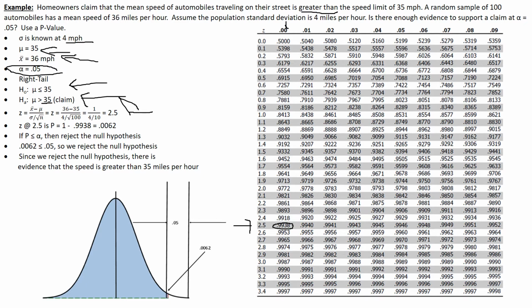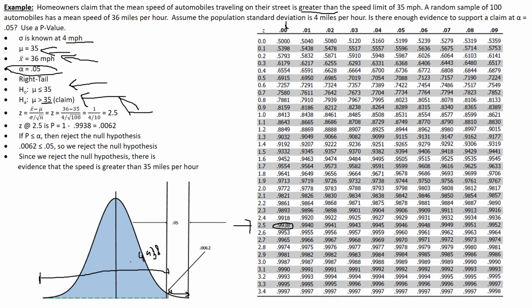Now, that means from the very beginning to this point right here, the little red mark up there, is 0.9938. 99.38%. And subtract that from 1, that means this remaining amount here is 0.0062.